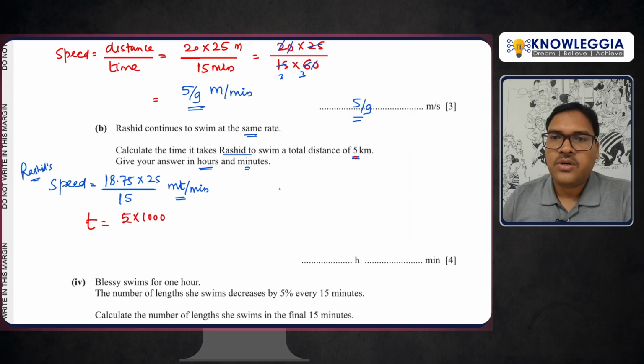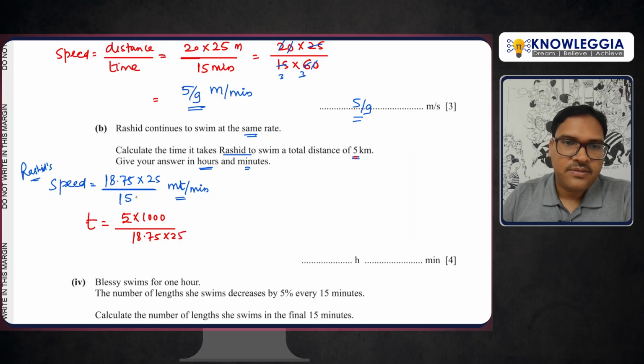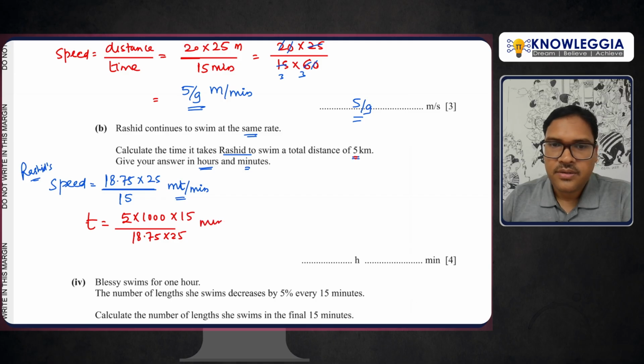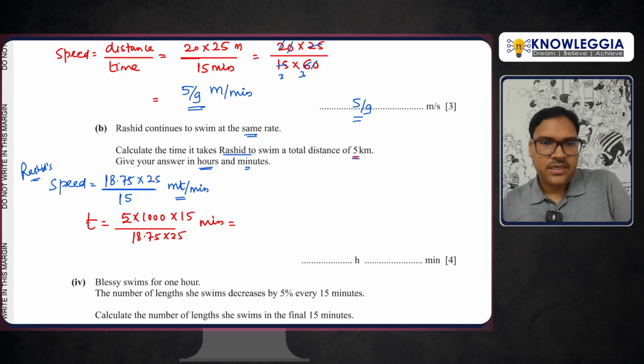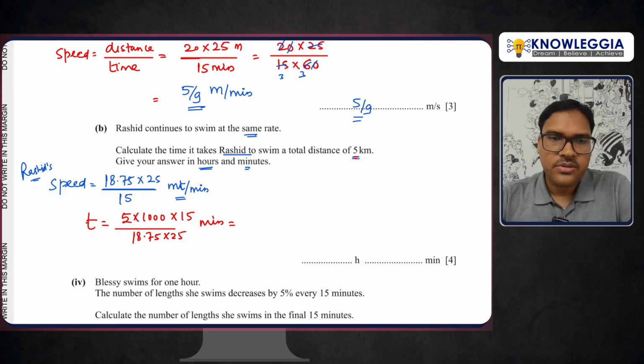Why 1000? Because I'm converting kilometers into meters, right? Upon the speed, which is 18.75 into 25, and I am just dividing by this into 15. I hope this is clear. This is in minutes, right? Now just use a calculator and check, or you can directly solve this also.